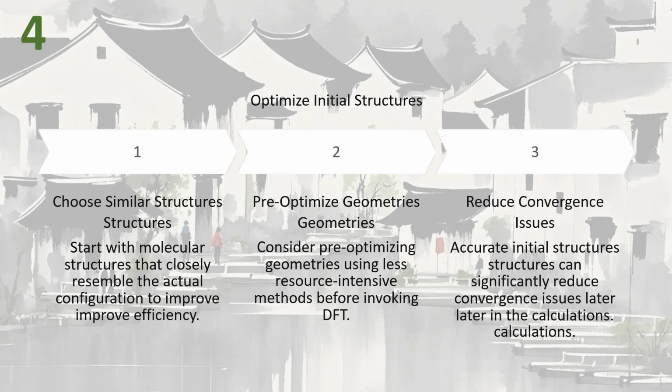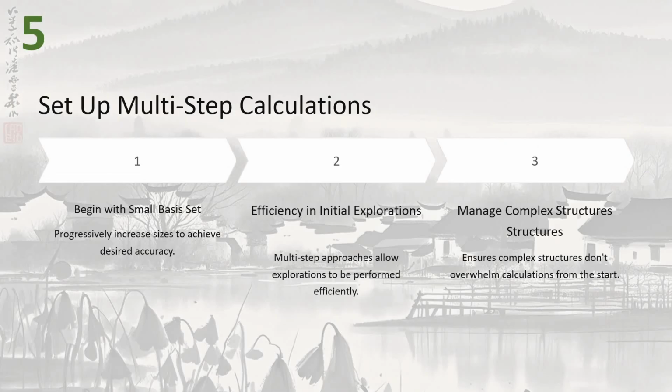You can also pre-optimize geometry using a semi-empirical method before DFT. And the fifth way to speed up DFT calculation is set up multi-step calculation. If you have a complicated structure, start with a small basis set and gradually increase the basis set size to reach the intended level.